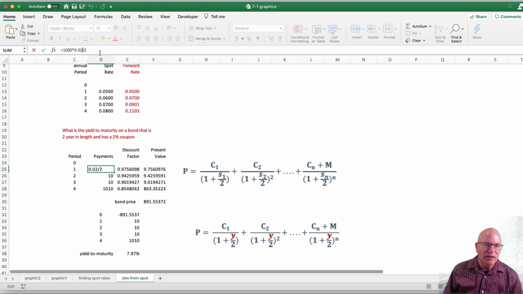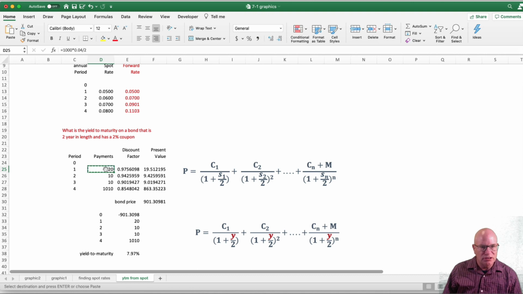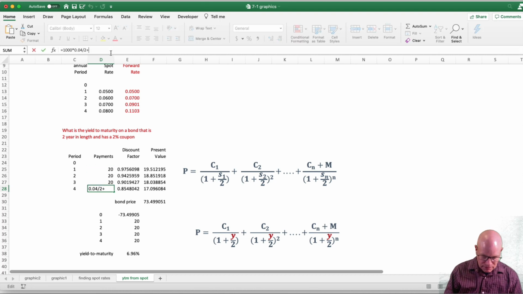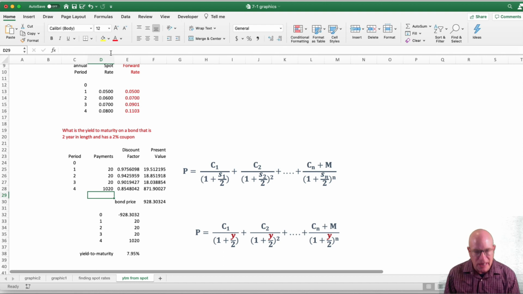So I'm just going to say it's 4%, and you're going to see that that 7.97 changes a little bit, not a lot. And then we get $1,000 at the end. 7.95.